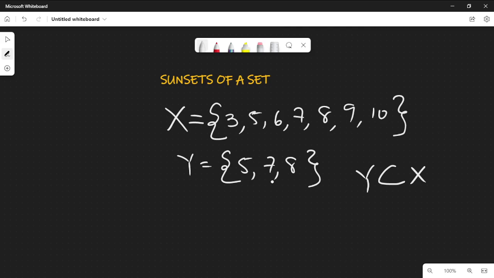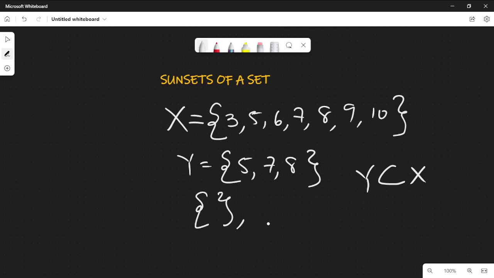So that is what you need to understand under subset. And you need to know that an empty set is a subset, and a set is a subset of itself. Do you understand all of that now?